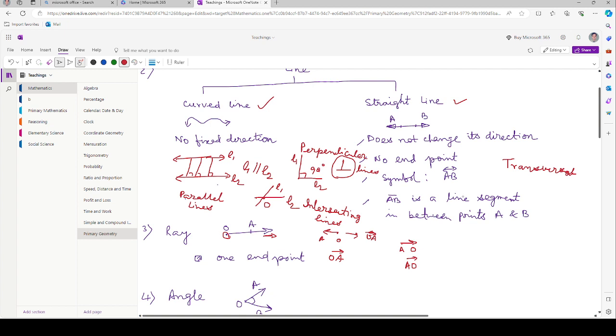A line that intersects two or more other lines is known as transversal. Say these are two lines, L1 and L2, and L3 intersects line L1 and L2, then L3 is the transversal of L1 and L2.